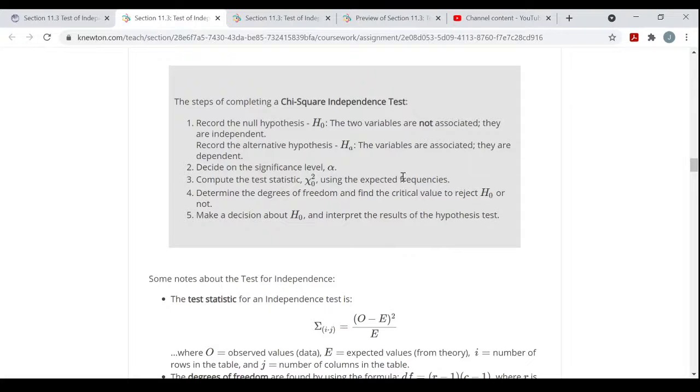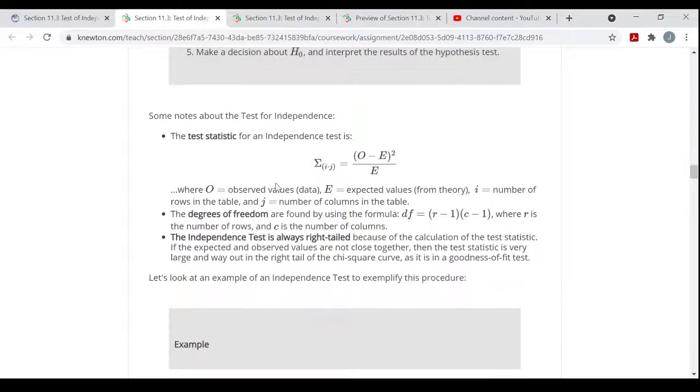So I mentioned the test statistic. Now the degrees of freedom. Remember, for a goodness of fit test, it was the number of categories minus 1. Here it's calculated in a bit different way.